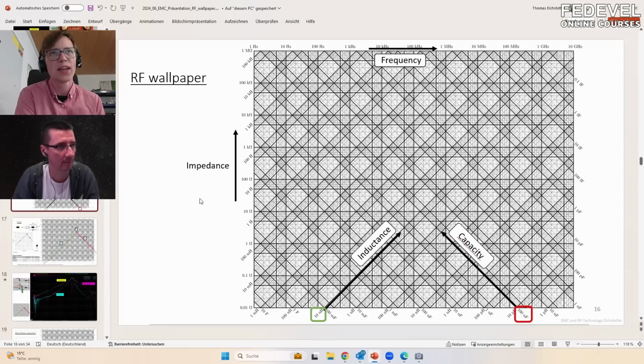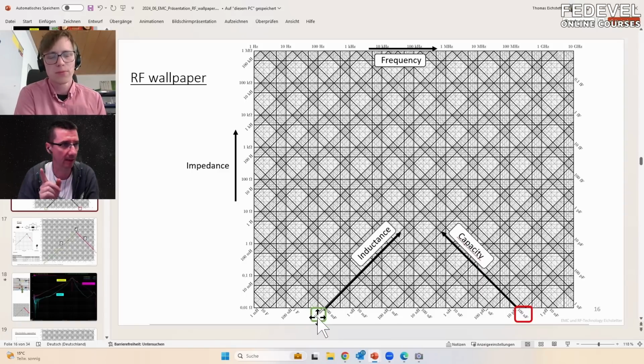On the y-axis you have the impedance, from 10 milliohms up to 1 megaohm, so also everything you need. And now comes the interesting part: you can also have inductance and capacitance inside. Let's maybe start with such a 10 microhenry.